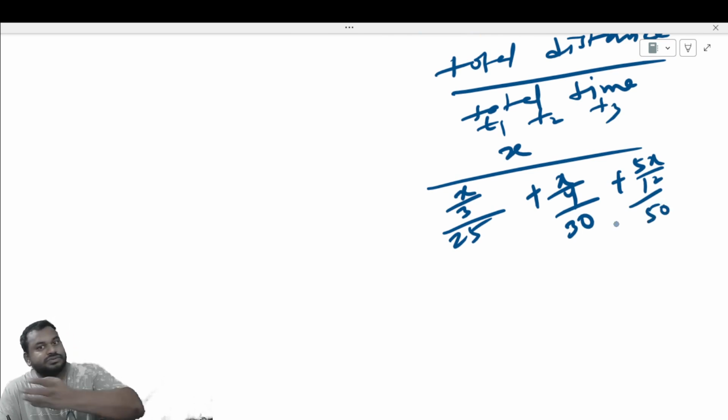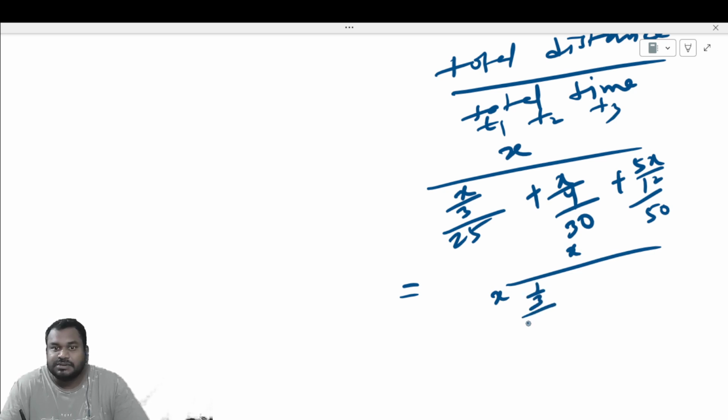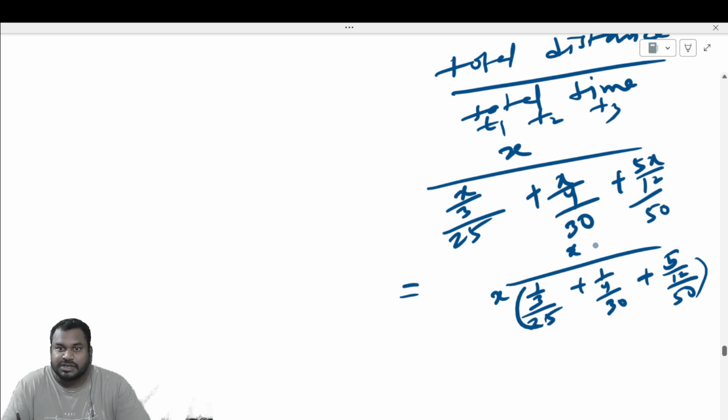See, next one you don't have to do these kinds of unnecessary steps. You can eliminate x directly and you can write 1 by 3 by 25 plus 1 by 4 by 30 plus 5 by 12 by 50. Then x gets cancelled here. If I take x common here, so x by x, 1 by 3 by 25 plus 1 by 4 by 30 plus 5 by 12 by 50.